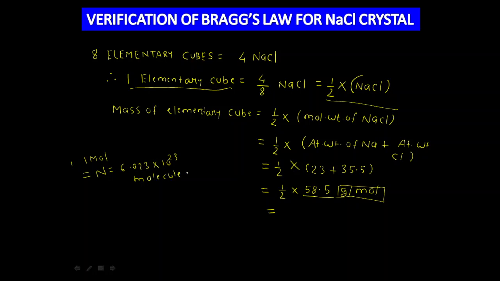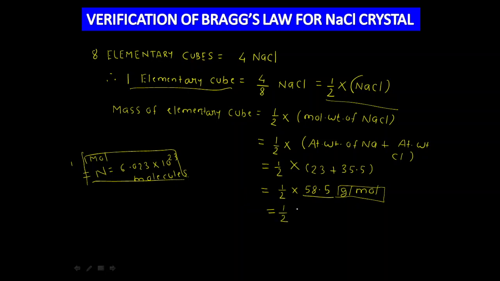So for a molecular weight of NaCl, 58.5 grams per 6.023 into 10 to the power 23 molecules, we will divide it by Avogadro's number.